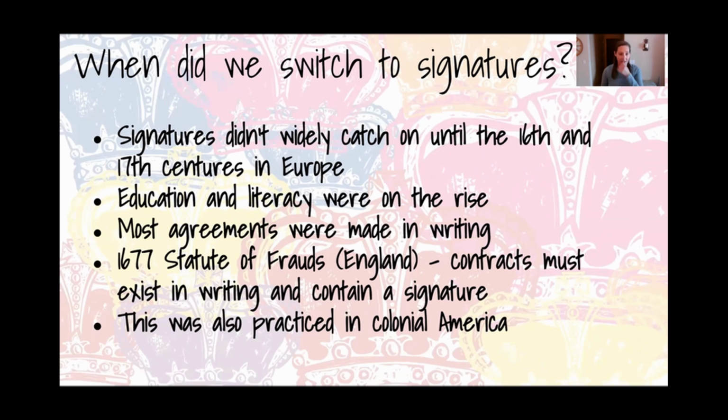Obviously at that time, all of those documents would have started using signatures. This tradition also carried over into colonial America, and I would say you still are signing most things to give your approval.